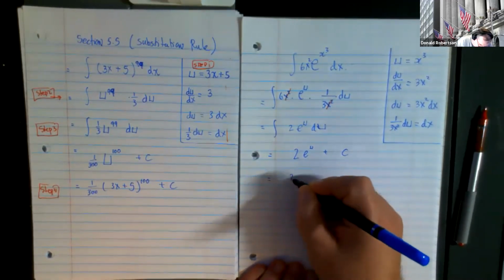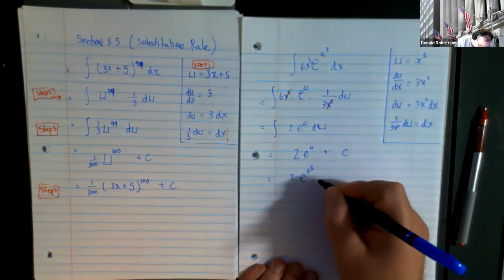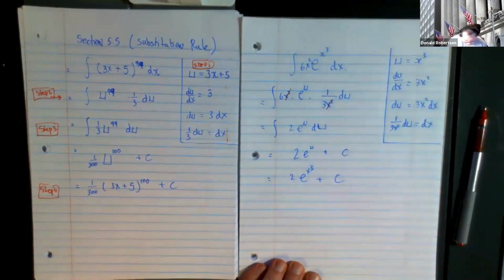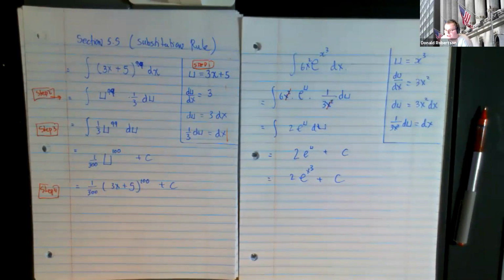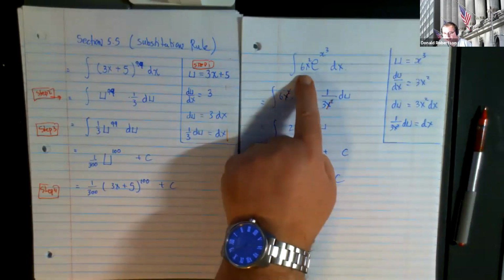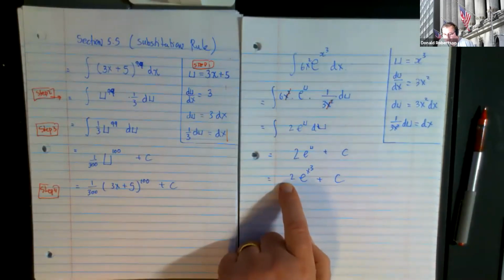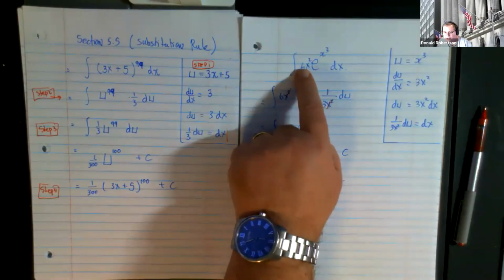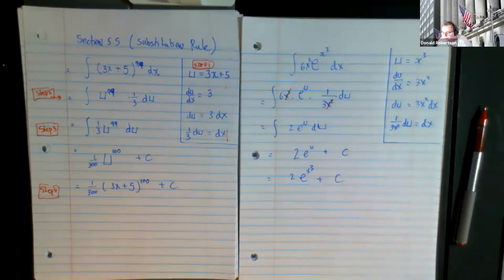And to finish, replace the u with, in this case, x cubed. If you wanted to check that this question was correct, all you need to do is differentiate this, and I bet you would get 6x squared e to the x cubed. Trust me on it. If you don't, that's fine, and check it yourself.